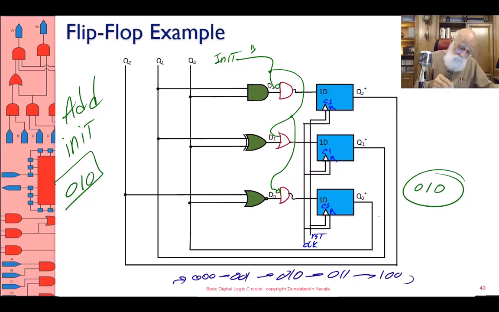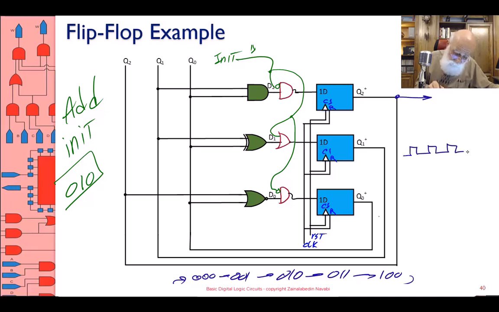What if I just take this output and look at that output to see what happens? See, when the clock becomes 1, the output Q2 is still 0. This is count 0, 0, 1.